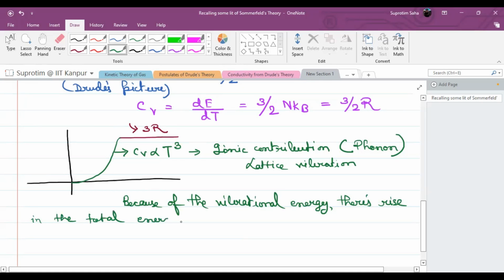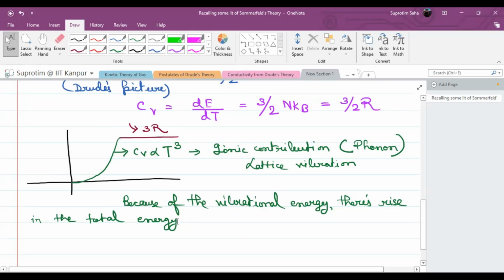So with the involvement of the ionic cores, you see an anomalous behavior compared to what you were expecting, that it should be constant 3 by 2 R. Neither is it 3 by 2 R, it's staying constant at higher temperatures, but it's 3R. Beyond that, as we go down with temperature, it's varying as T cube. It's not remaining constant.